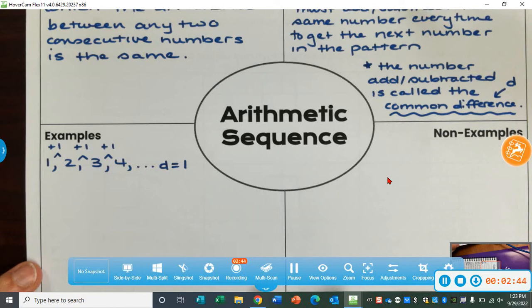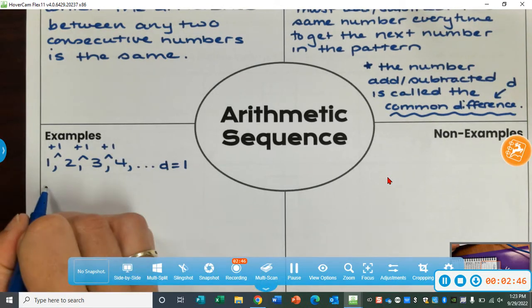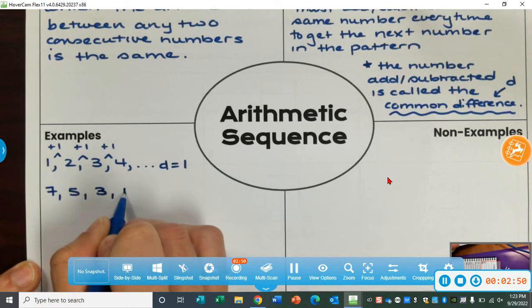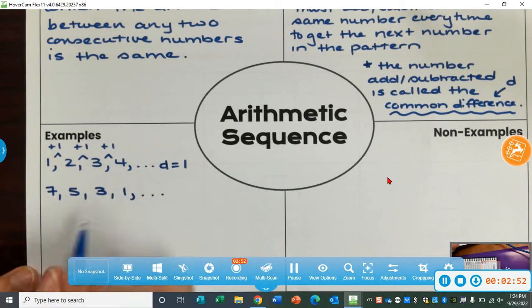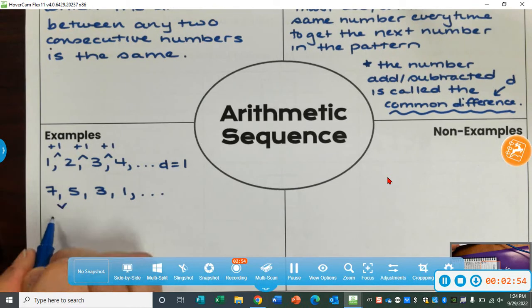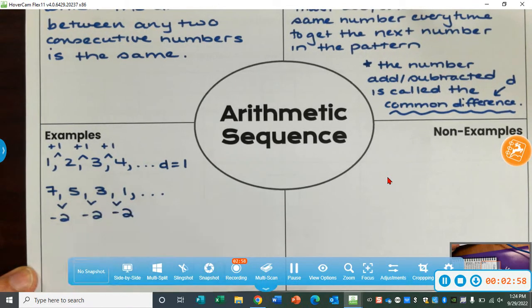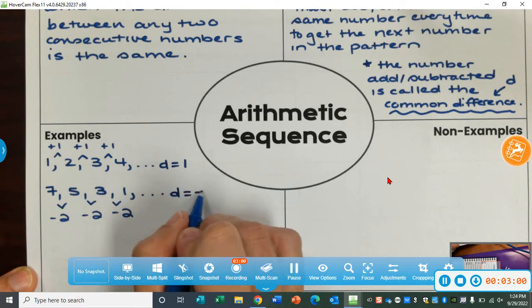Another example might be 7, 5, 3, 1. The difference between 7 and 5 is -2. We're going down by 2. So the common difference here is -2.